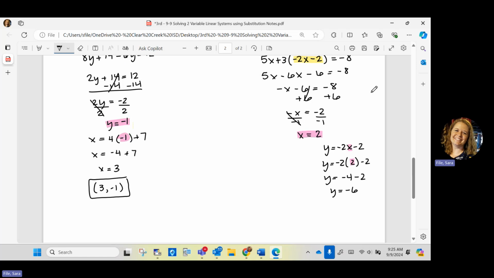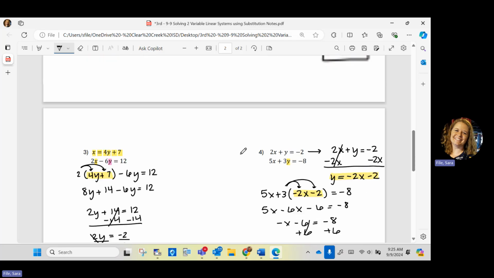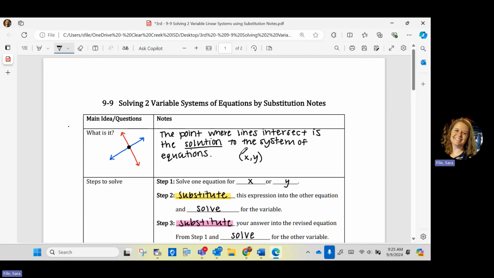So what is my actual answer? How do I write my solution? Yes, as an ordered pair, x, y: 2, -6. You'll feel all right about that? So this process, again, is called substitution. There are multiple ways to solve systems of equations.